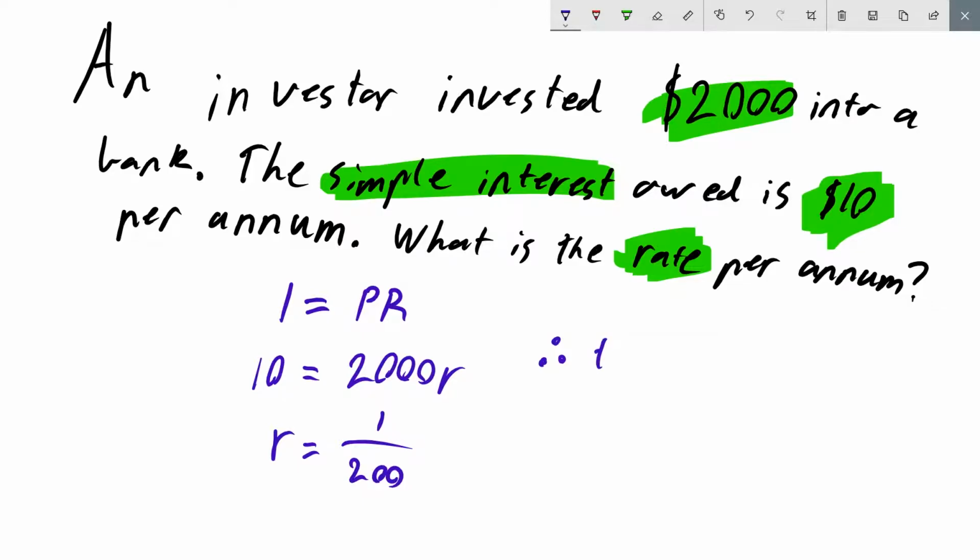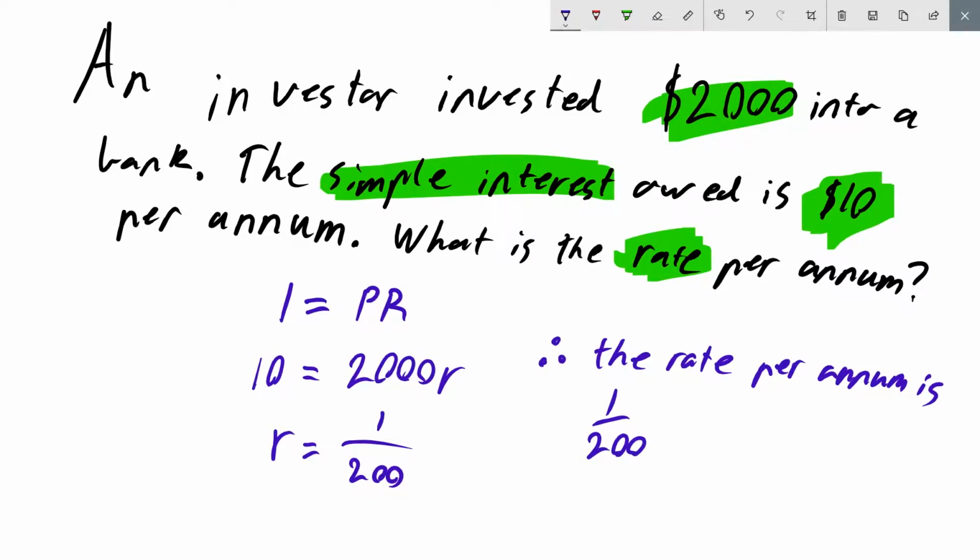Therefore, the rate per annum is, and then you can give this as a percentage or as a decimal or as the fraction here, whatever, unless the question specifies to put it in certain units. So I'm just going to say 1 over 200.